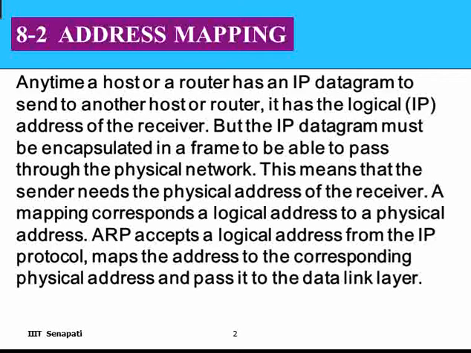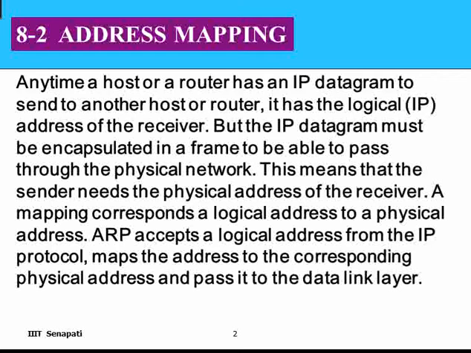So when this router has to send this IP datagram to a particular destination host, then it needs the physical address of that particular host for the data link layer.